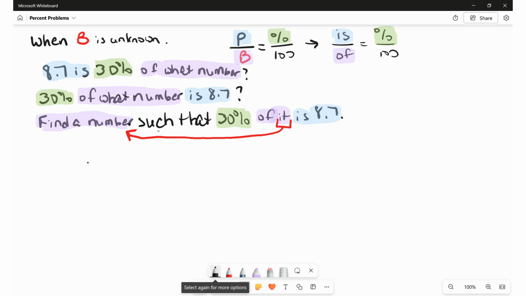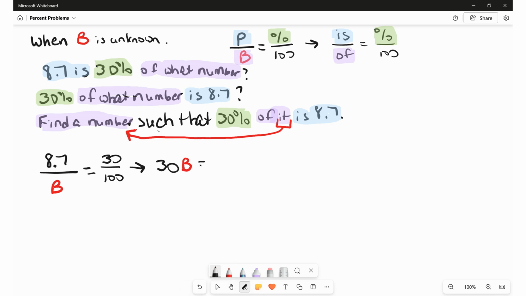So this gets set up the same way as all of them. Okay? So we have our part 8.7. We are seeking our base or the whole. And we are given the percent. And this translates into 30 times B or the whole.